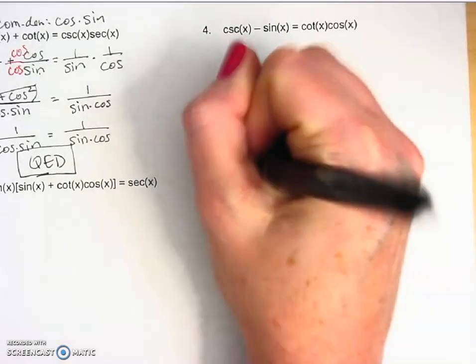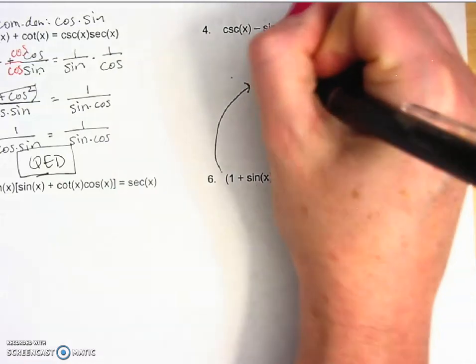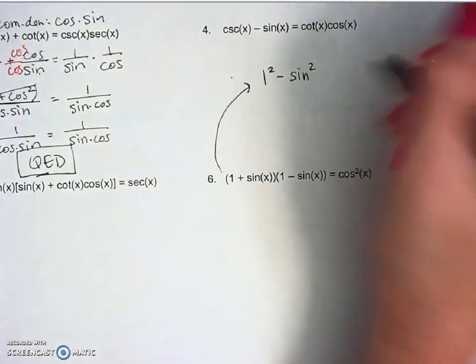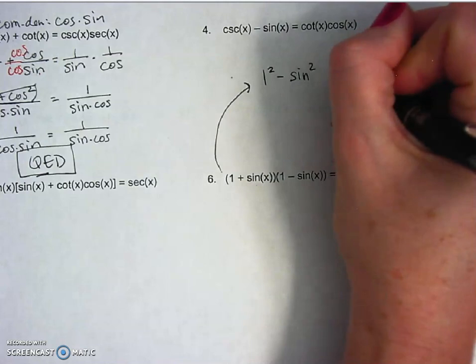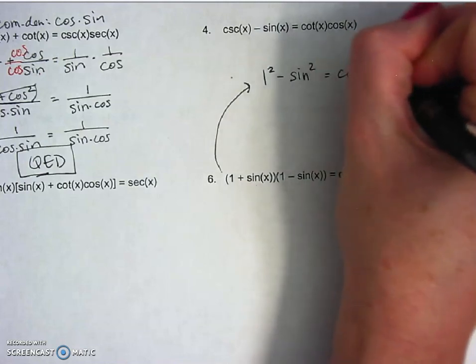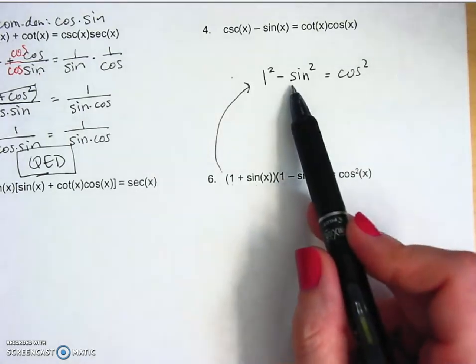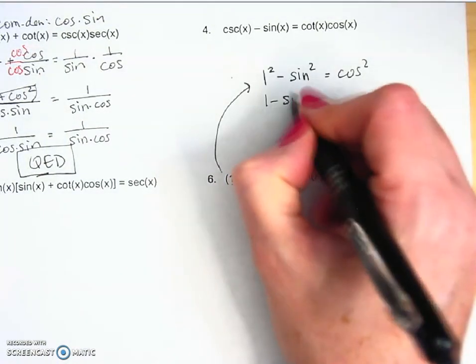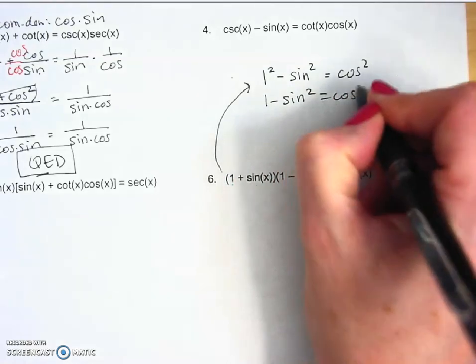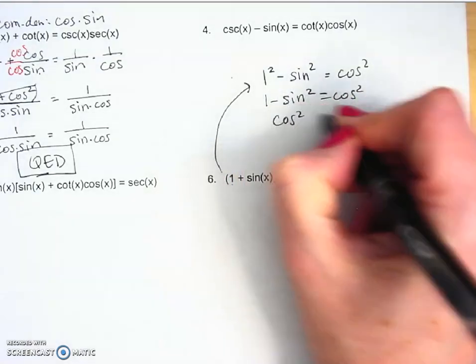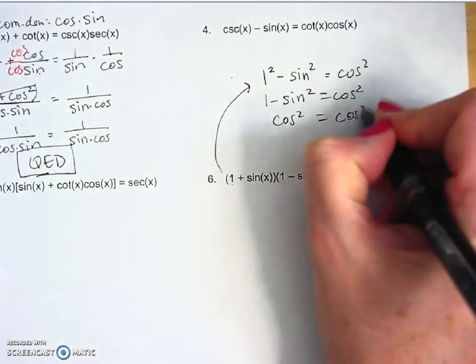If you did, you could go straight to this form. This squared minus this squared. And then that would be 1 minus sine squared. And we know that that is equal to cosine squared. And you'd be done.